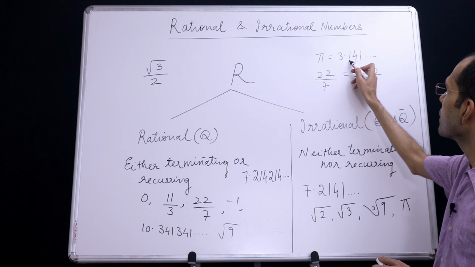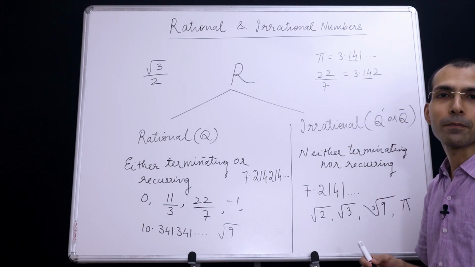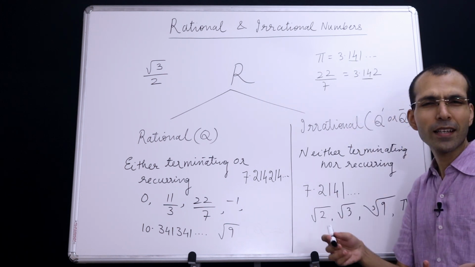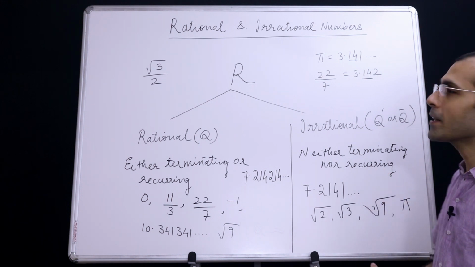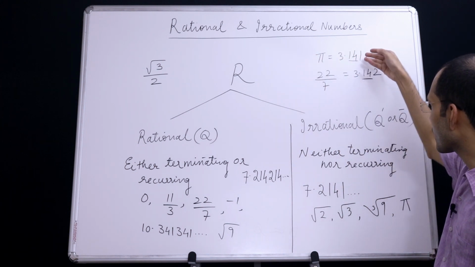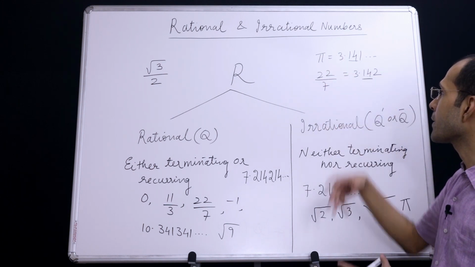However, as you observe, up to 2 decimal places, their values are the same, coincidentally. And for real life calculations, 2 decimal places are sufficient. So whenever we have pi, instead of taking 3.141 and so on, we say, okay, let's take pi as 22 upon 7.